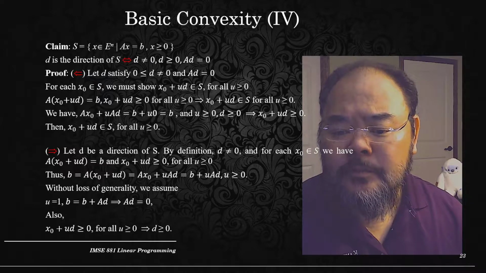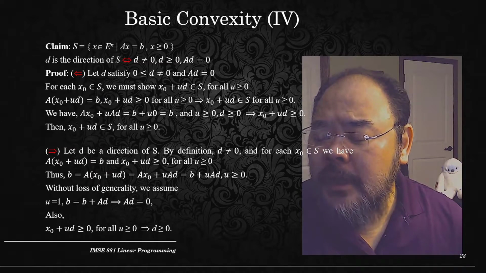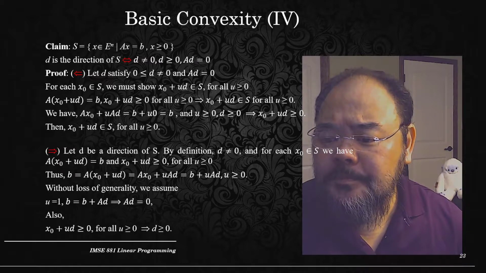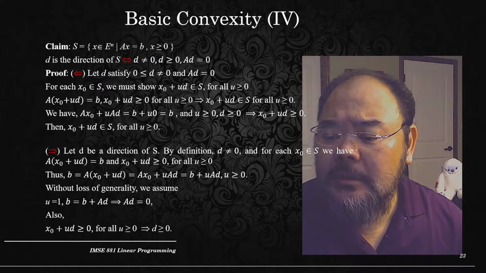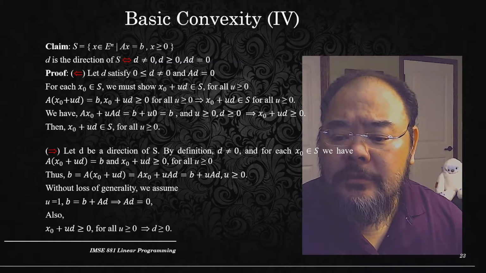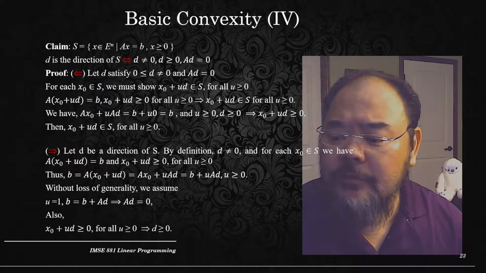We can easily show that A times x naught plus u times D equals B if we satisfy the first constraint. And x naught plus u times D is non-negative for all non-negative u. Therefore x naught plus u times D belongs to S for all non-negative u.